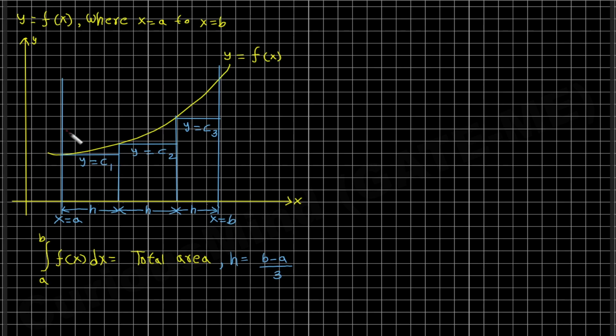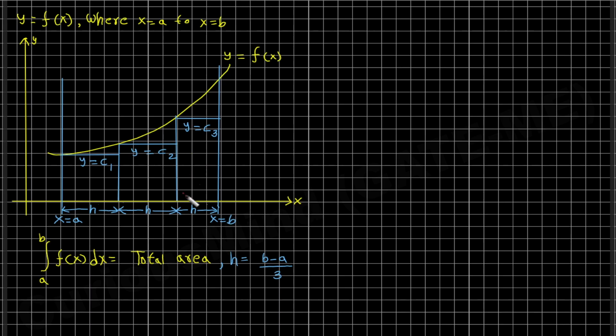So this sort of approximation, where the total area between x equal to a and x equal to b and between f(x) and the x-axis can be approximated into the sum of the areas of all these rectangles.